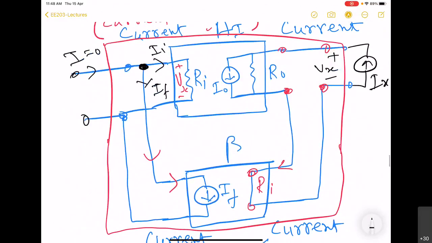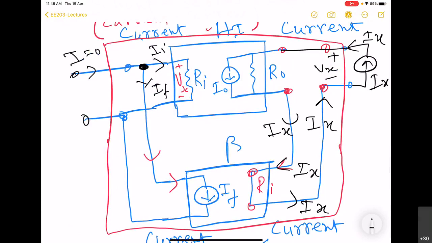So here you can see that this is IX and it is coming from this feedback network. That means this I naught actually flows only through this R naught.